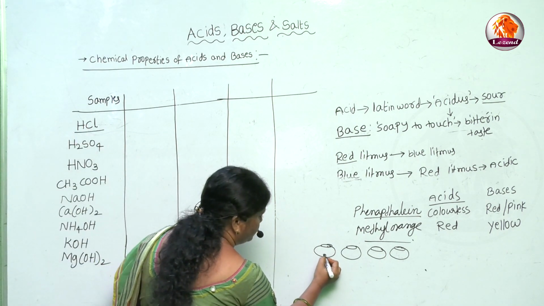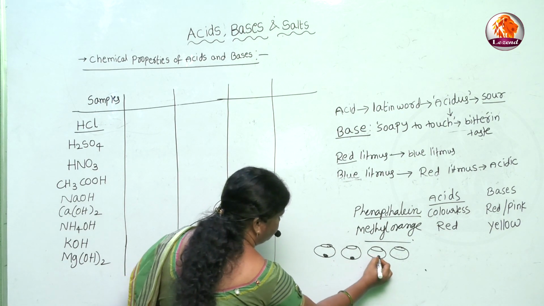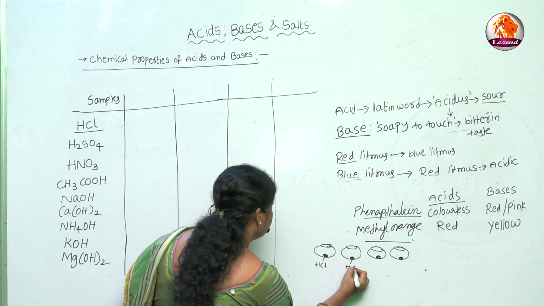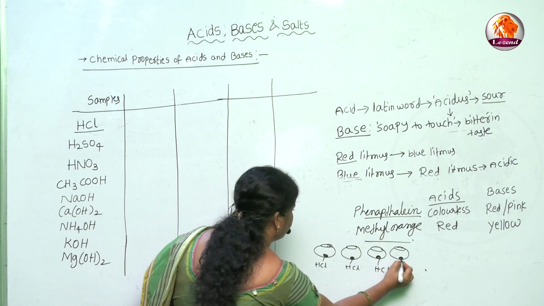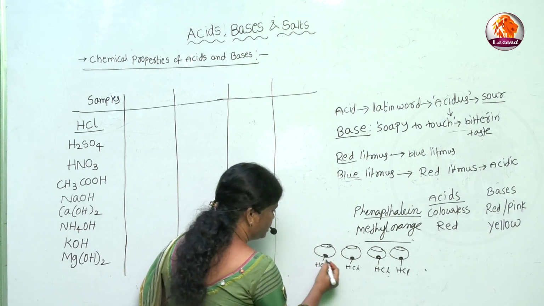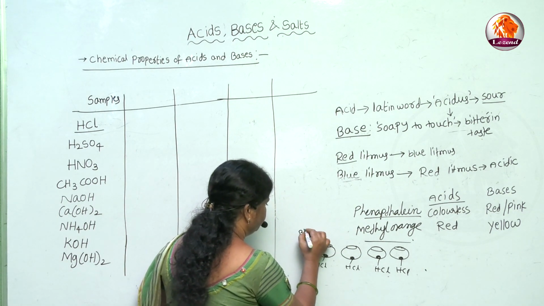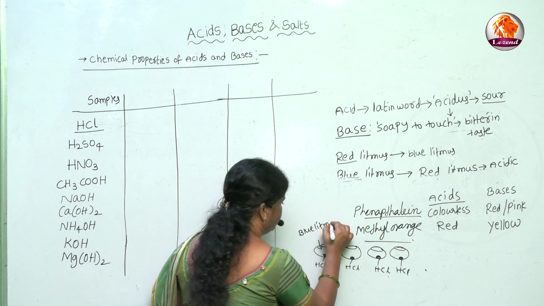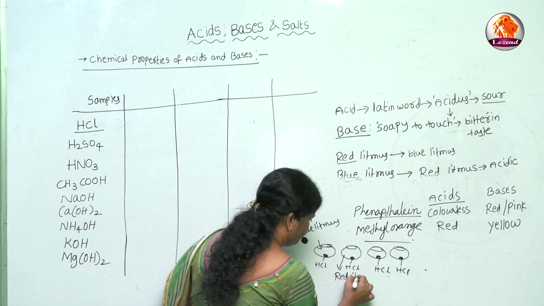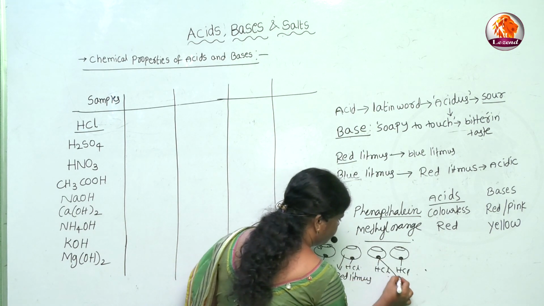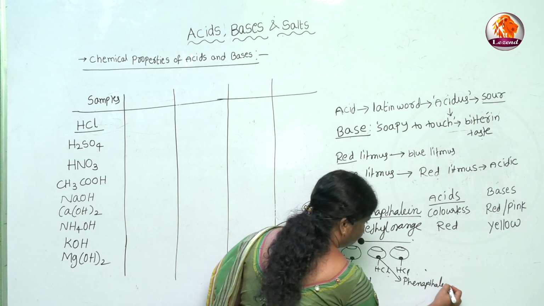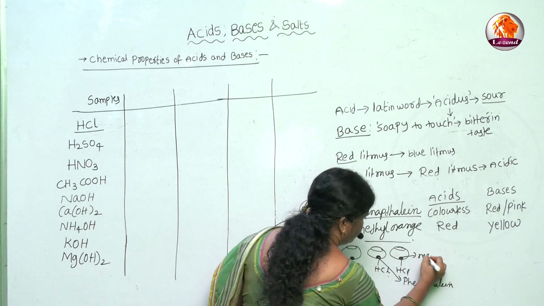Take a few drops of hydrochloric acid on the watch glasses. In the first watch glass dip the blue litmus paper, in the next watch glass red litmus, in the third watch glass phenolphthalein indicator, and in the last watch glass methyl orange.